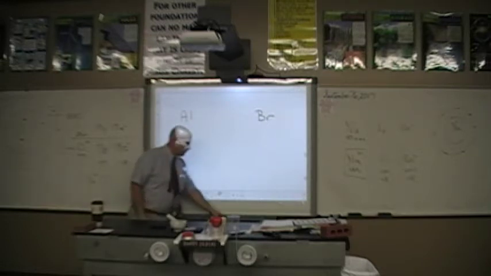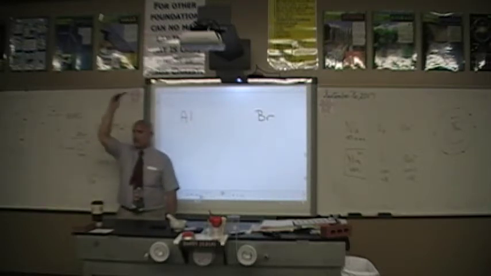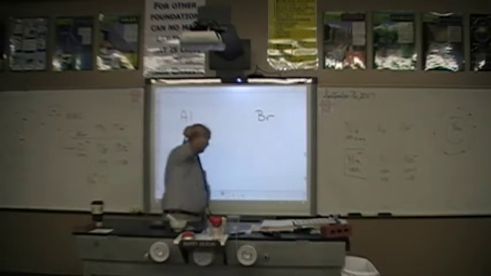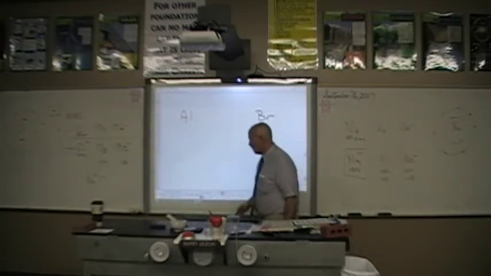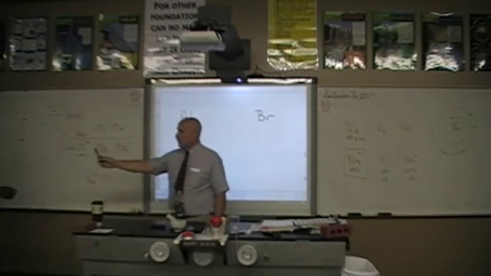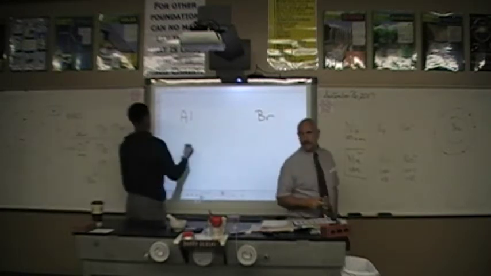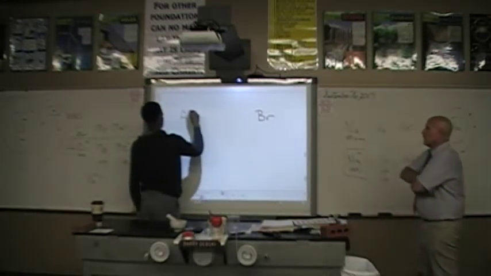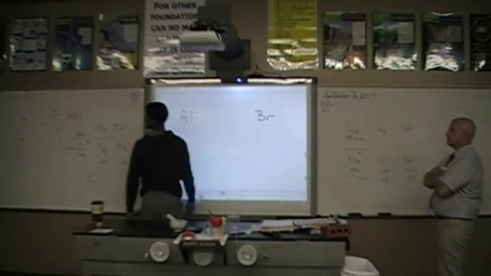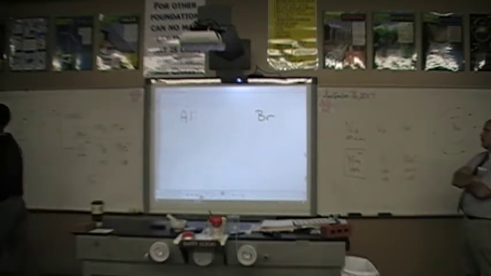Anybody want to come up and put my electron dots here? Aluminum, bromine. Come on up, Seth. Good. Bromine, number 35.